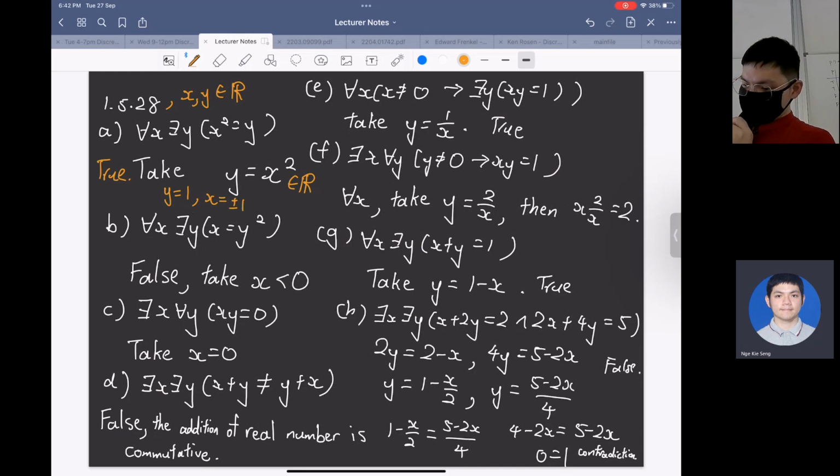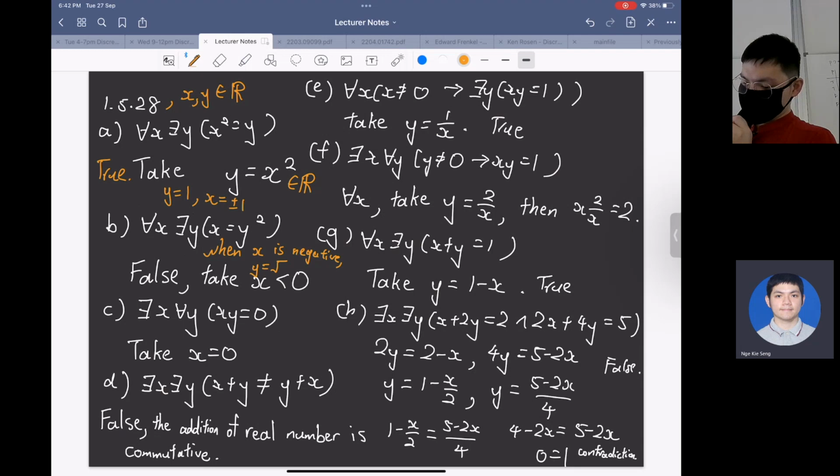B, for every X, there exists a Y such that X equals Y squared. Okay, true or false? False. Why? What about negative? Okay, you say when X is negative, you can't find Y. Right.